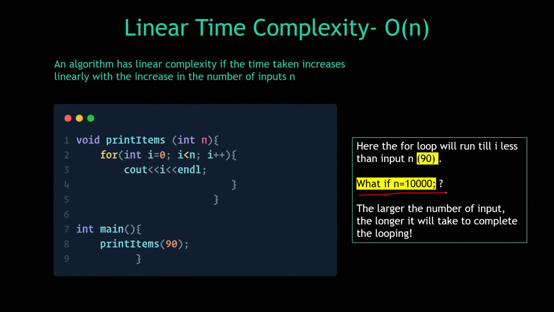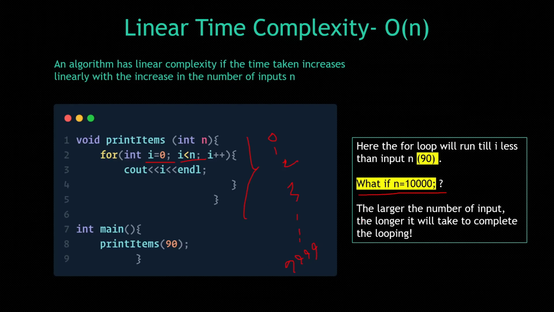What if n equals 10,000? If n equals 10,000, then this program will run from i equals 0 to i less than 10,000. That means it will print 0, 1, 2, 3 up to 9,999.